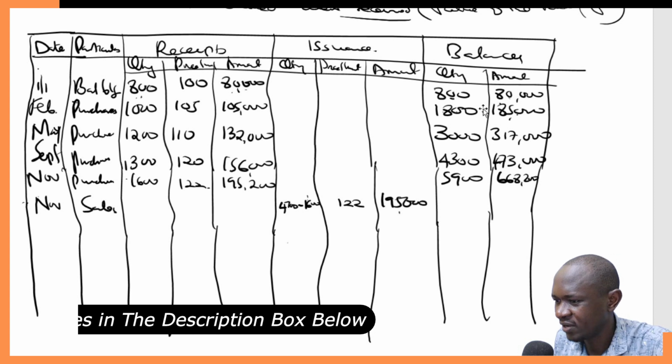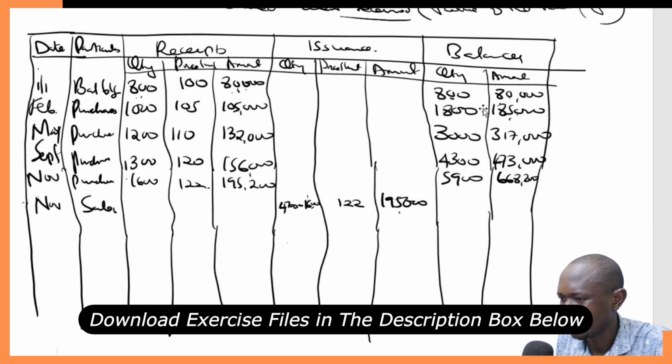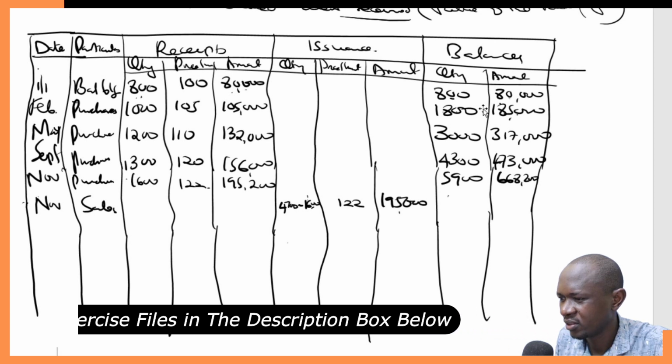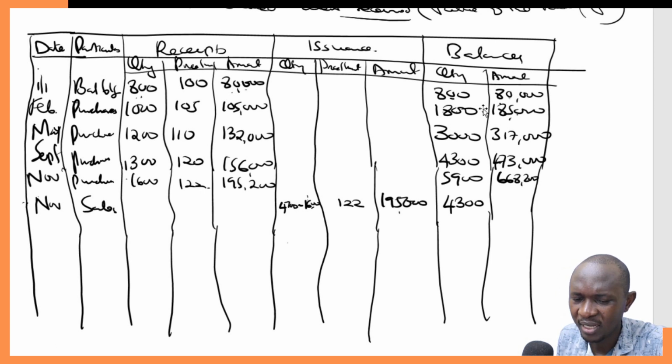So if we release 1,600 from 5,900, what do we have? 4,300. Then 668,000 minus 195,000 is 473,000.